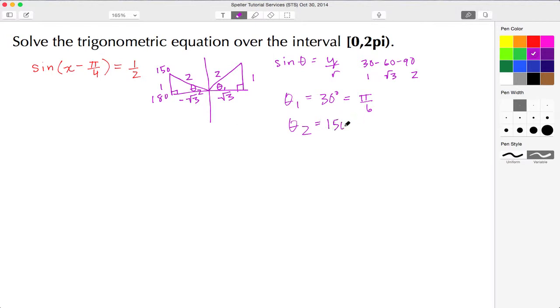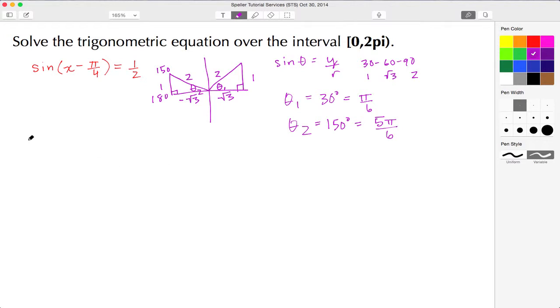If I take 30 and multiply it by 5, I come up with 150, so I just multiply this radian measure by 5. Pi over 6 times 5 is 5 pi over 6. Now I have the two values for theta that I need to figure out the values of x that make this equation true over the interval 0 to 2 pi.